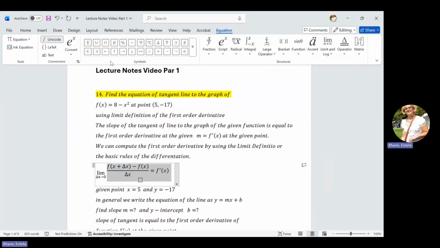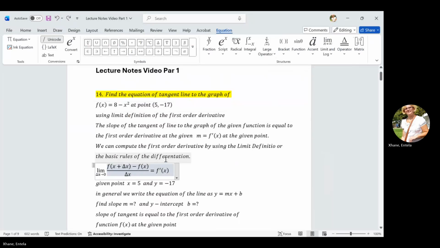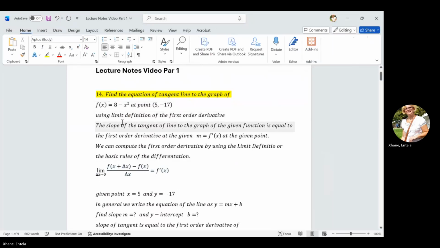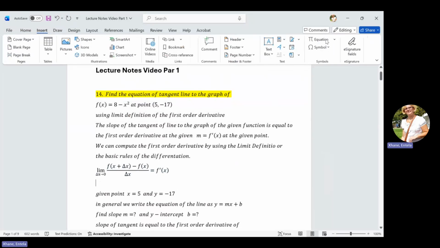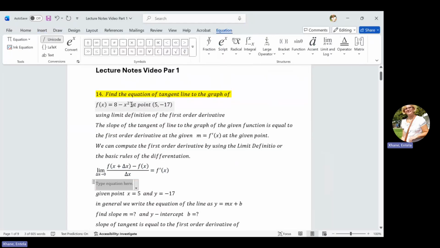So let's go ahead and then define them. And then if I know f of x using the function notation, I should be able to define f of x plus delta x.